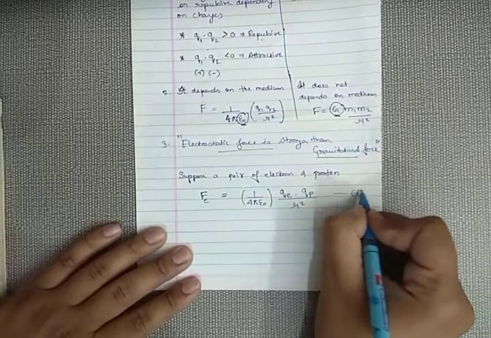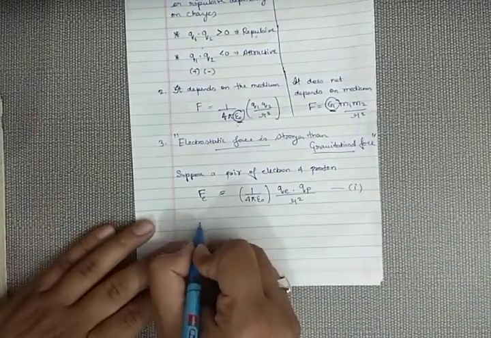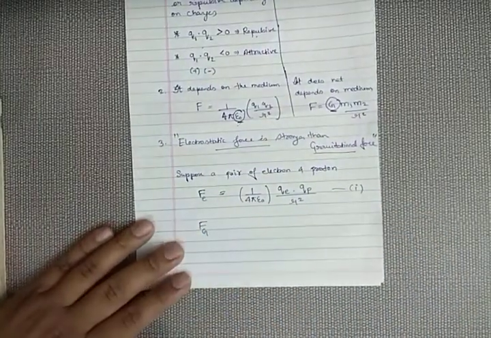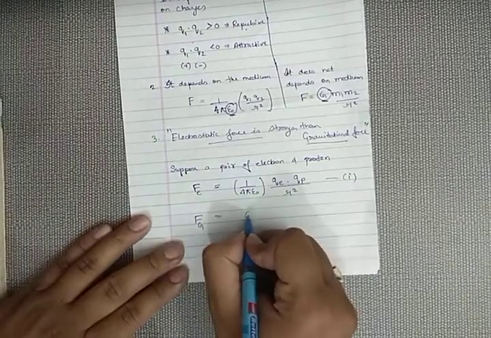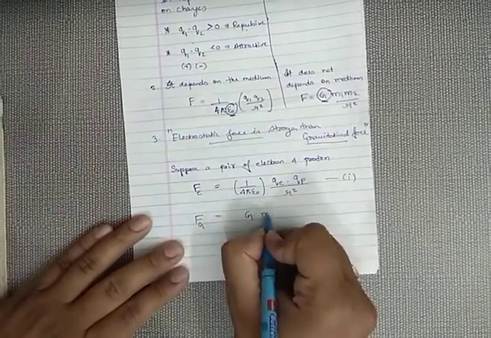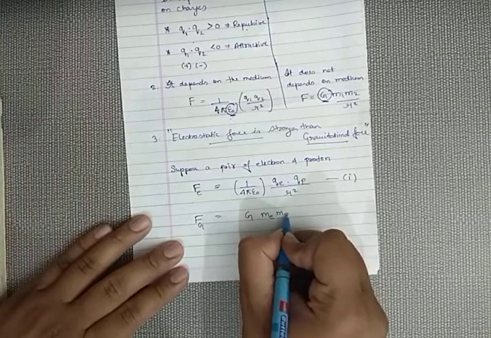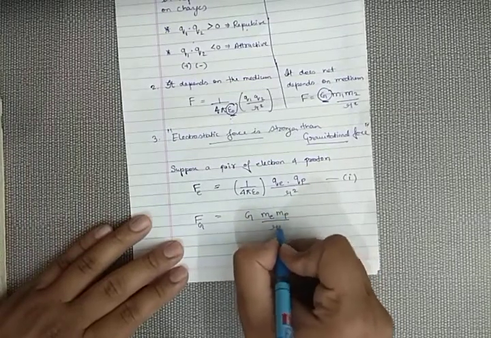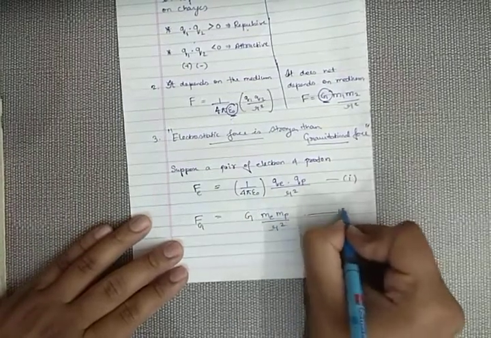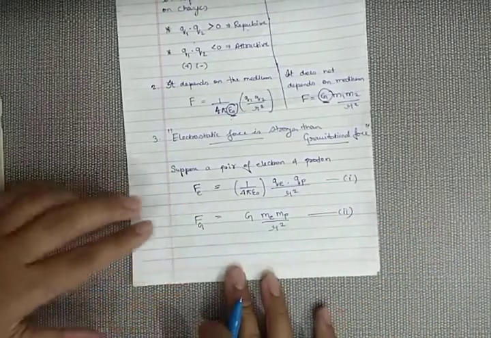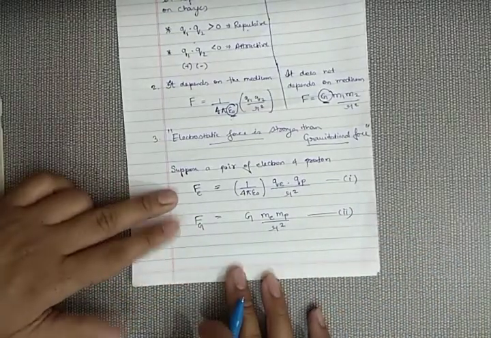This is the first equation for electrostatic force, and second we are writing for gravitational force. Gravitational force is G times mass of electron, mass of proton upon r square. Equation number two.